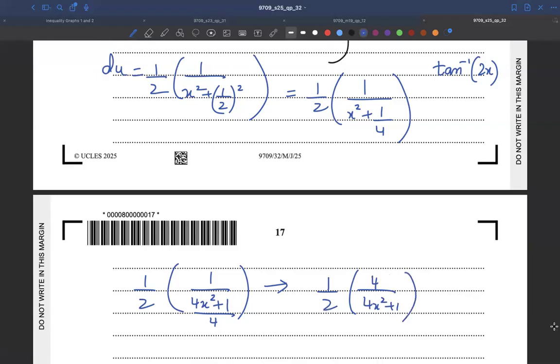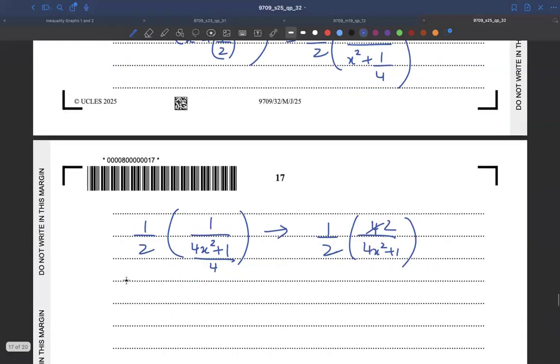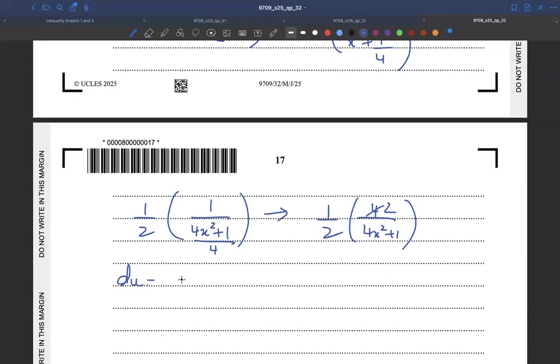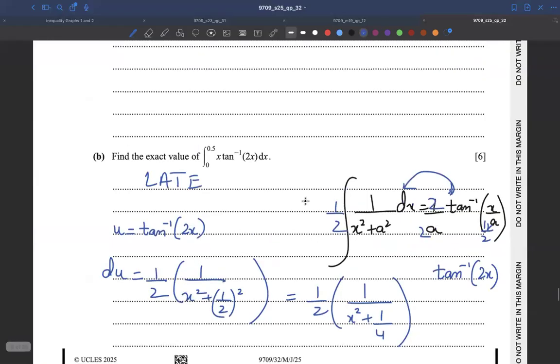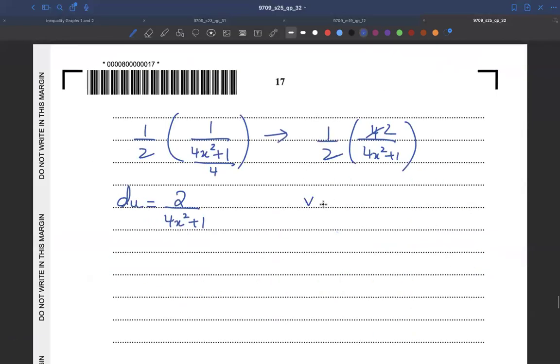This will cancel out and we'll get 2 upon 4x squared plus 1. So this will be du. So du would be equal to 2 upon 4x squared plus 1. And dv was x, so v would be x squared upon 2.